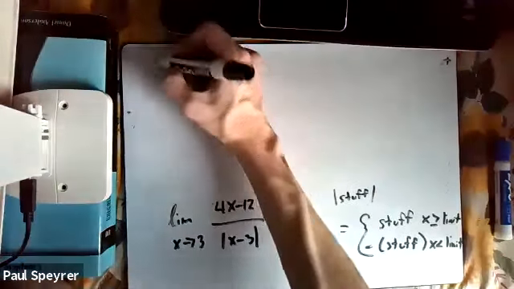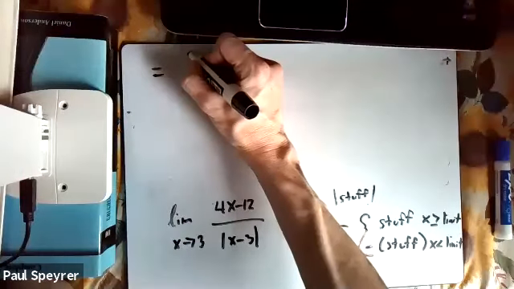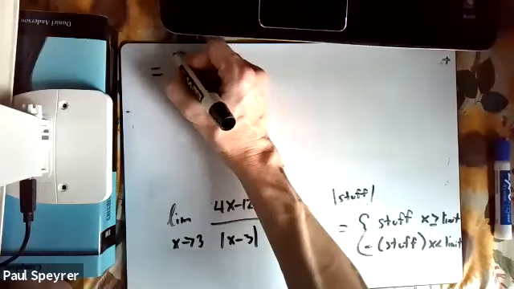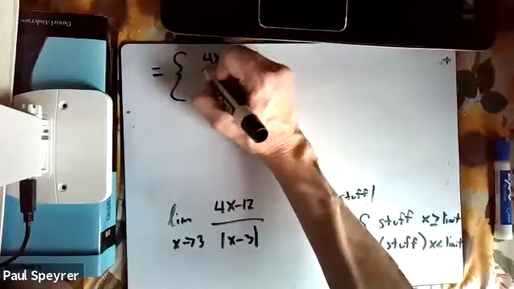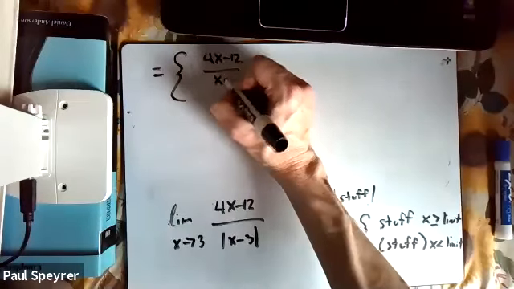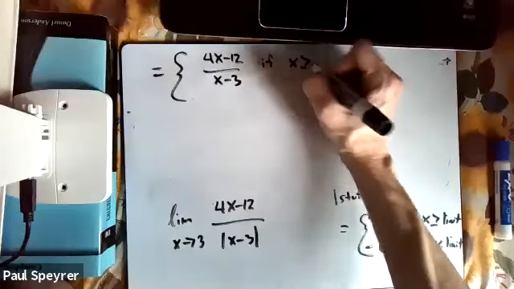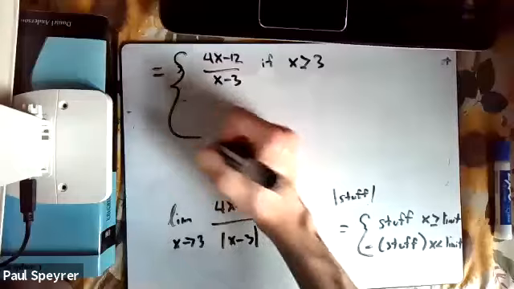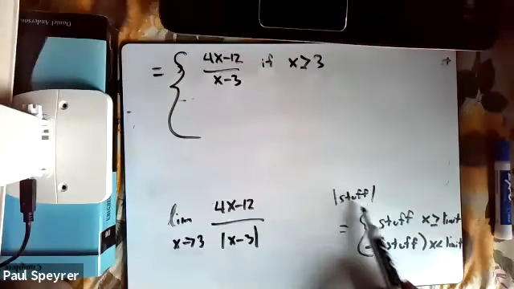So if we rewrite this, we're going to have 4x minus 12 over x minus 3 if x is greater than or equal to 3. Notice I just dropped the bars, because that's the stuff right here, just x minus 3.